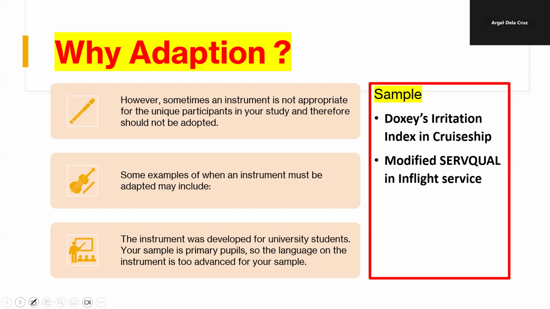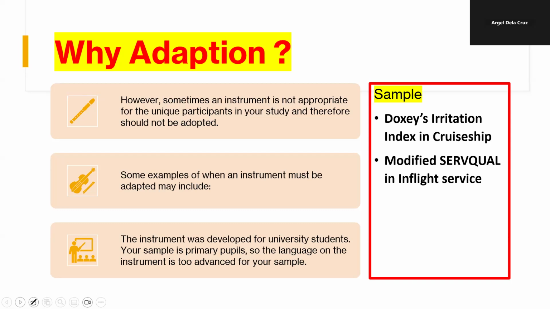So of course, applying the Doxey Irritation Index to long-term cruisers versus short-term cruisers might offer a different dimension because of the degree of affiliation or affinity of the long-term cruisers to the cruise ship or to their cabin, versus short-term cruisers who come in and after 7 days they're gone.